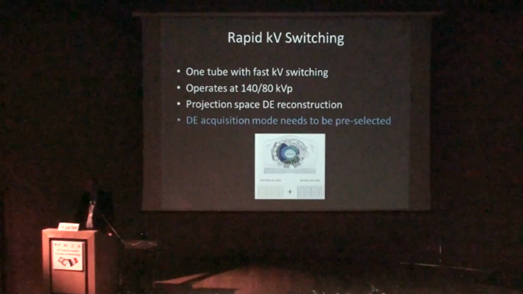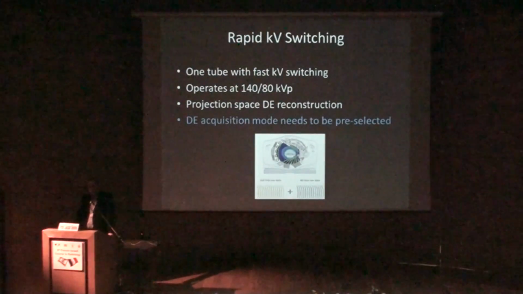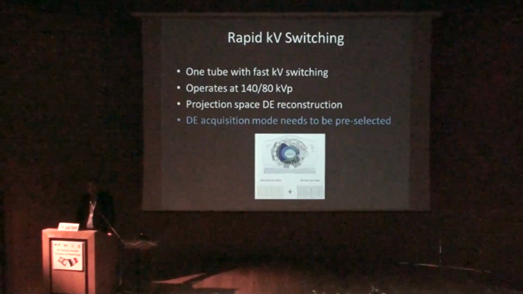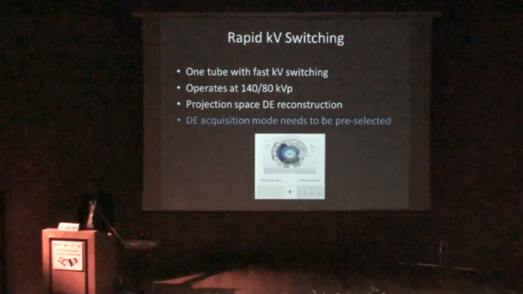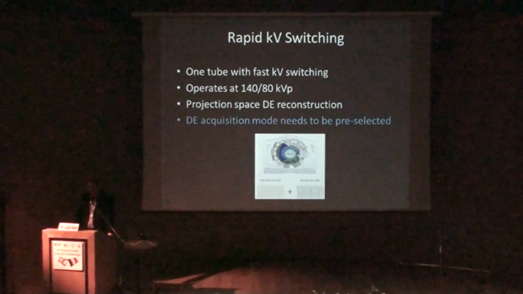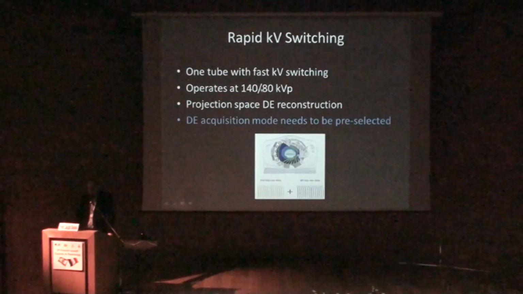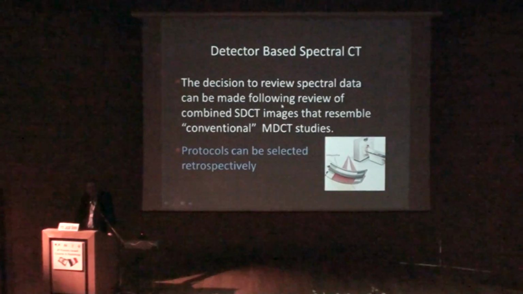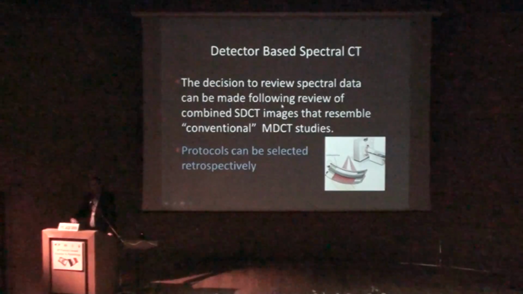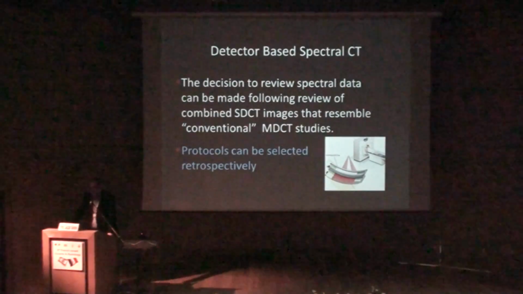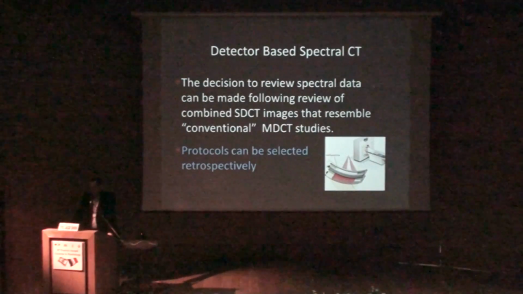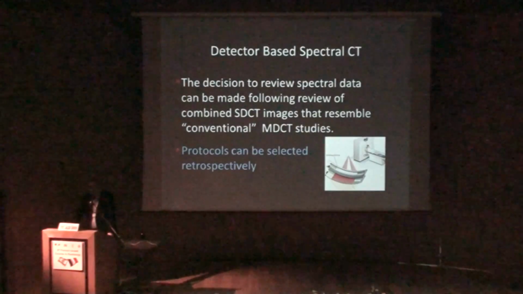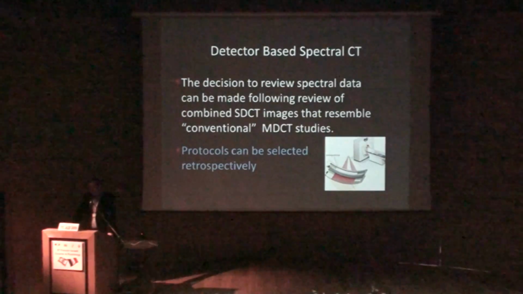When we use the dual energy mode of the rapid KV switching, again, we need to decide in advance that we want to use dual energy. But if we use detector-based, and then also in the future photon counting, we may select the protocol retrospectively, because the data is always there.